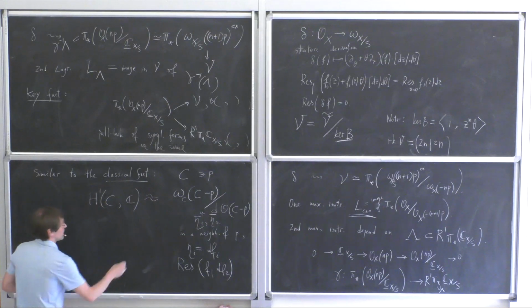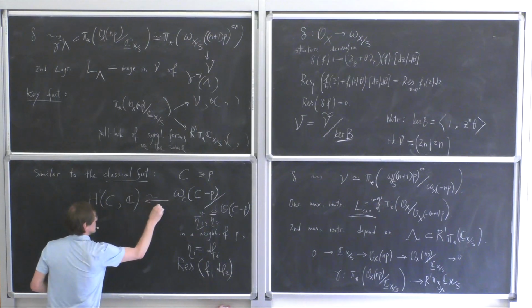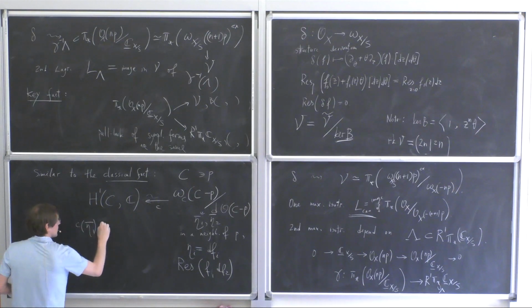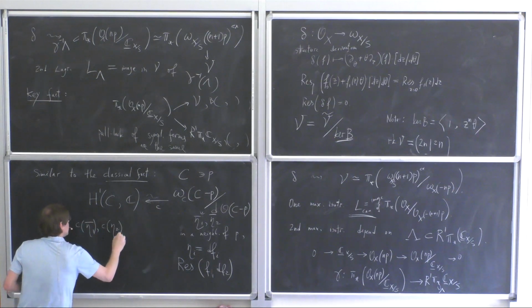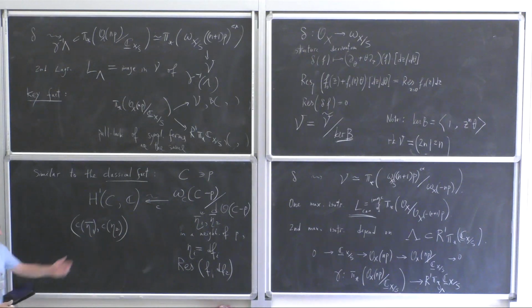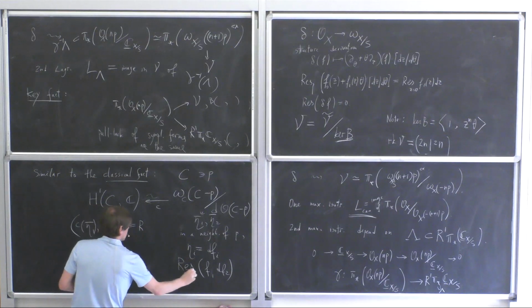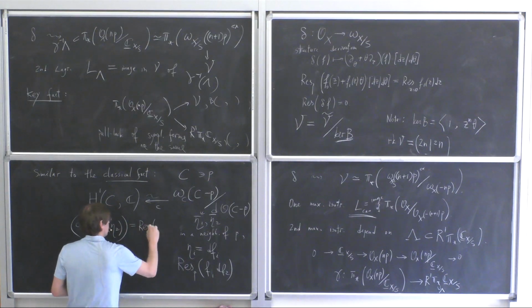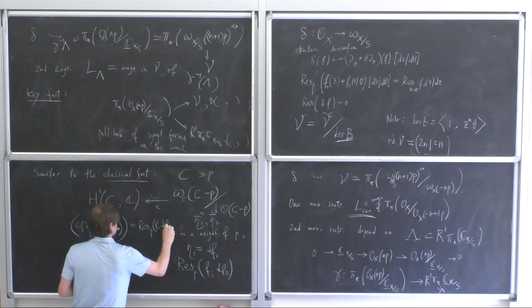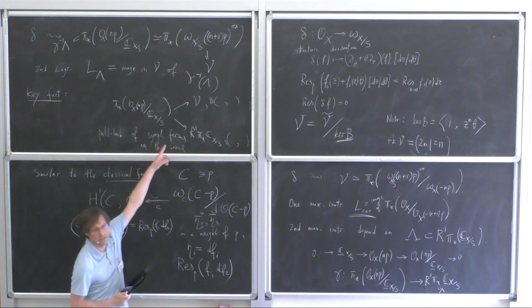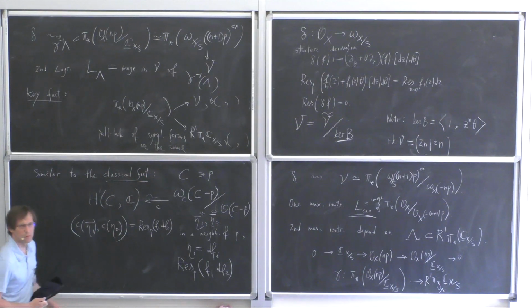And the claim is, if you denote this map as C, that if you take the topological pairing between the classes in H1, then it's precisely equal to this residue pairing here. So this is a classical fact about curves, and our statement is a super analog of this, which is proved in a very similar way.